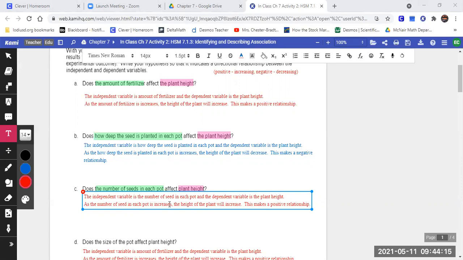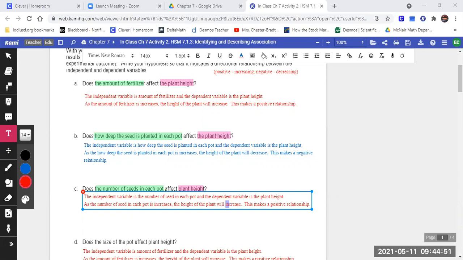So as the number of seeds in the pot increases, the plant will increase or decrease. Decrease.